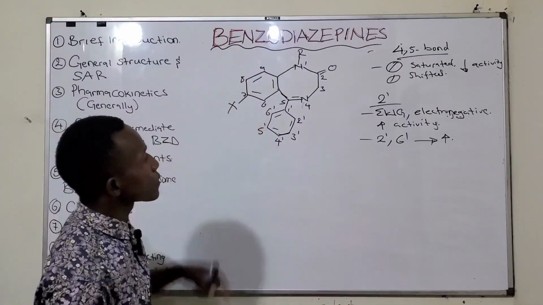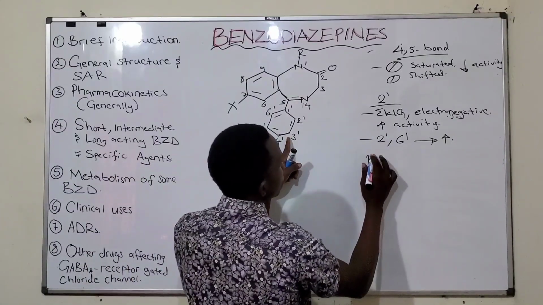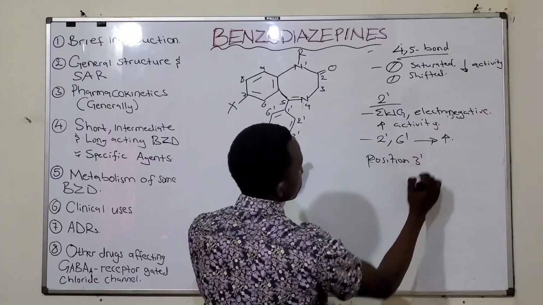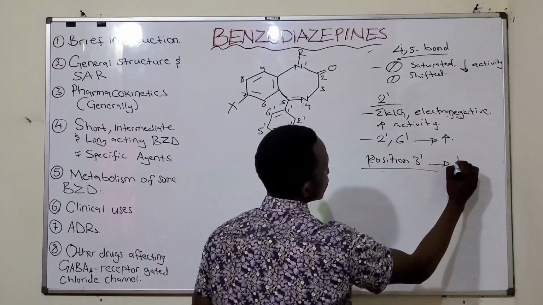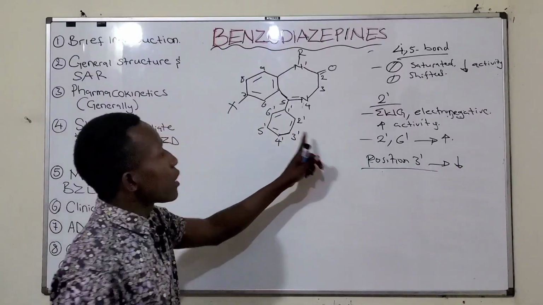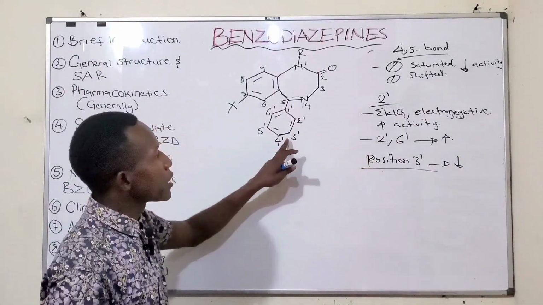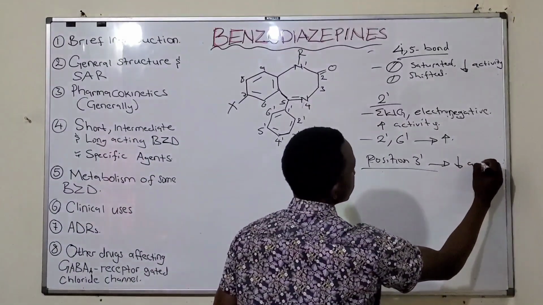Then when it comes to position 3', this one decreases the activity. If an electronegative or electron withdrawing group is added at this position, it decreases the activity.